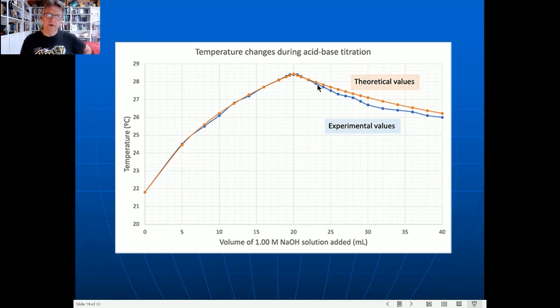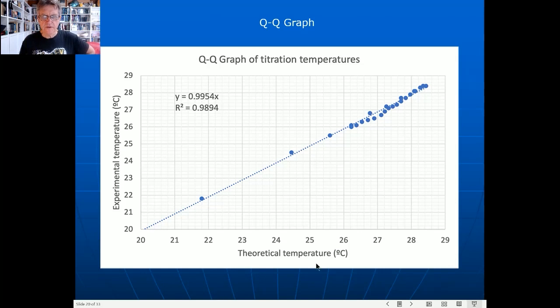Now, how do we compare the two? Well, actually, you can plot every data point against its theoretical value. It's called a QQ graph. What I do, I plot the theoretical versus the experimental, and if you get a 1:1 correspondence, it means you're spot on. There's perfect agreement.